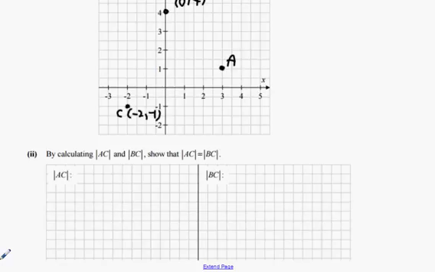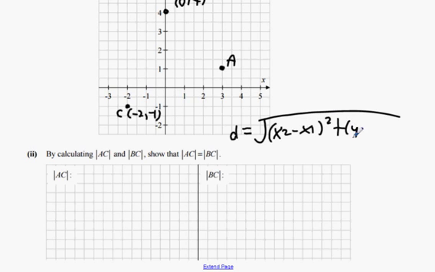Slash AC, what does that mean? Nope, the line is not the angle AC. It's the distance from A to C. You use the distance formula: the square root of x2 minus x1 squared plus y2 minus y1 squared.